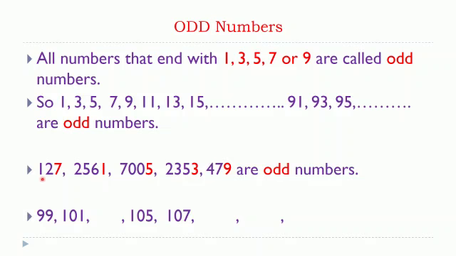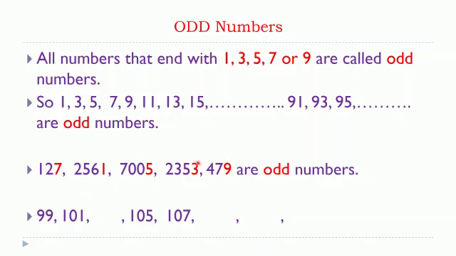So here a few examples are given of odd numbers. Just look at this: 127, 2561, 7005, 2353, 479 are odd numbers. And what we have to see? We have to just look at the last digit. So here you see 7 is the last digit. Here 1 is the last digit. Here 5 is the last digit.